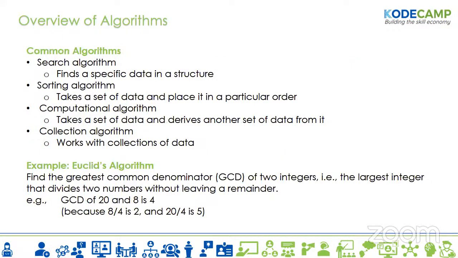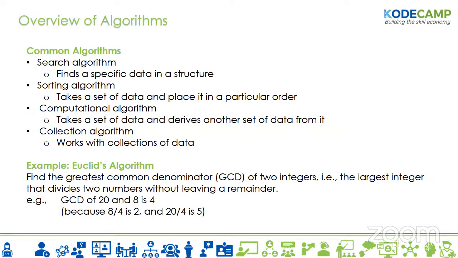Now, there are certain algorithms that are common, and some of such algorithms that are common are the search algorithm. Now, the search algorithm tries to find a specific data in a structure. So that's one algorithm.